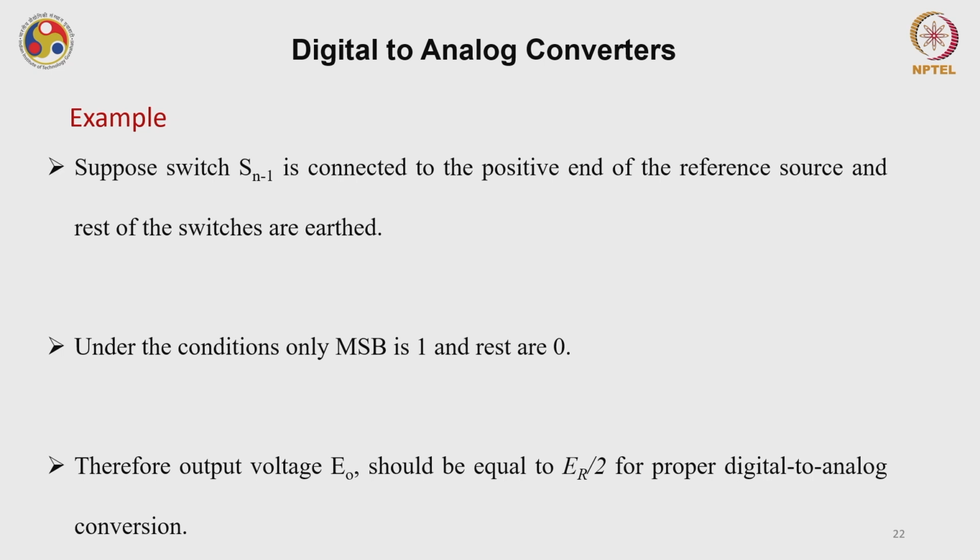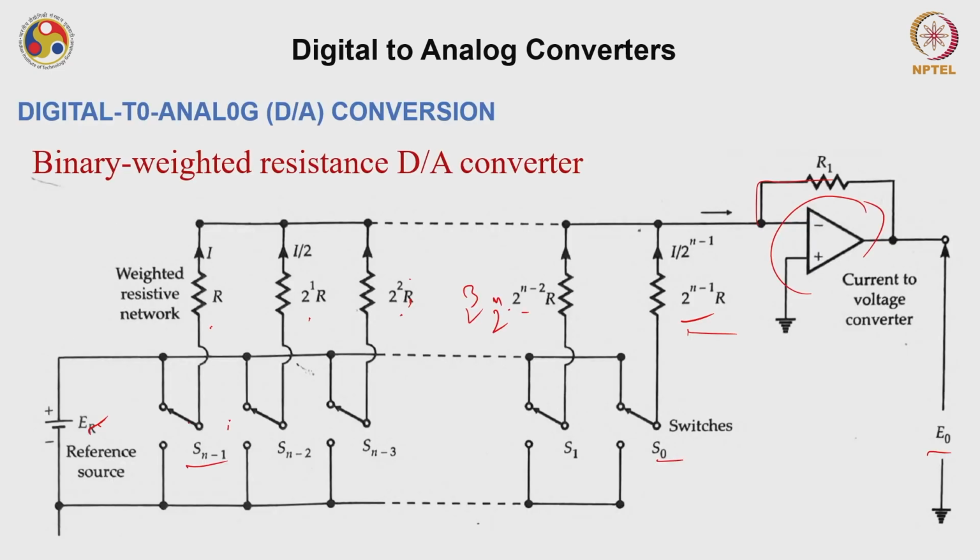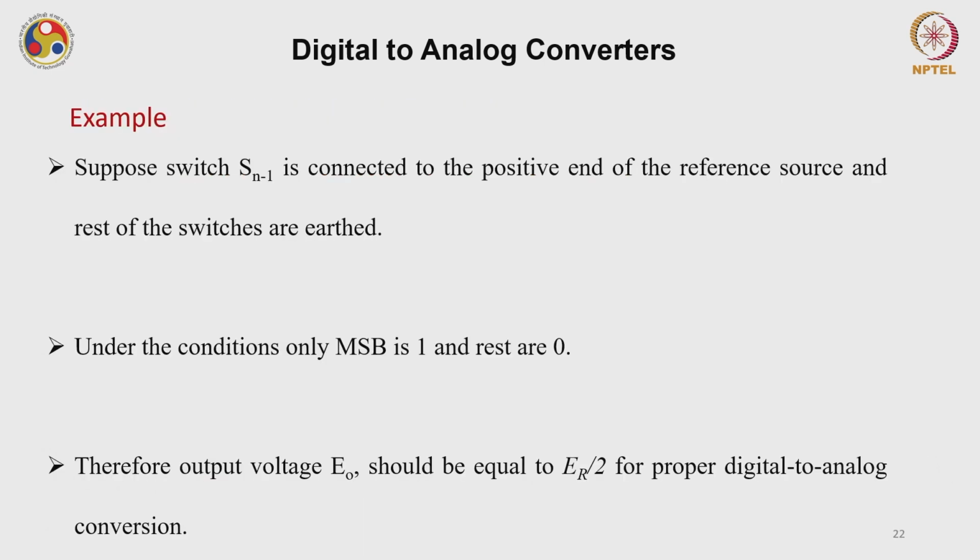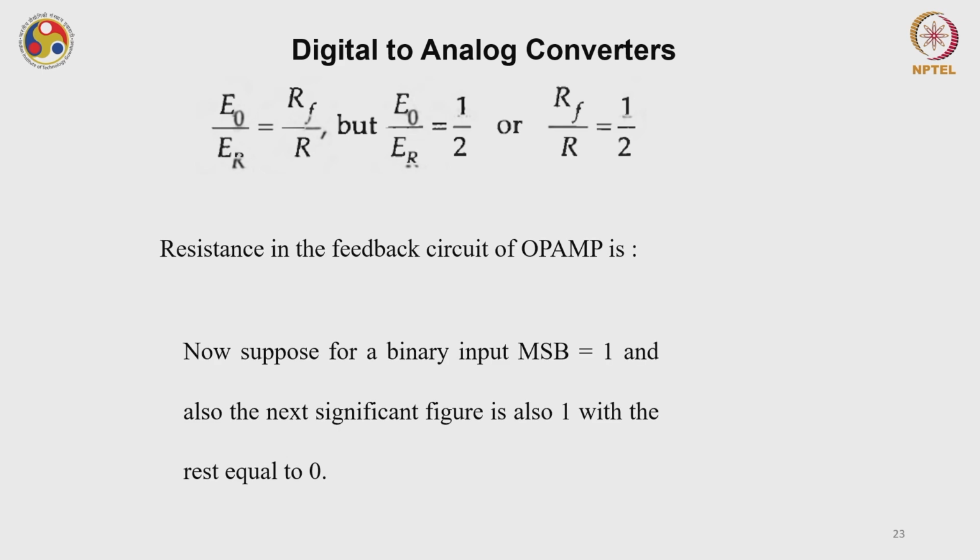Suppose switch Sn-1 is connected to the positive end of the reference source, and the rest of the switches are grounded. Under this condition only the MSB is 1 and the rest are 0. Therefore, the output voltage E0 should be equal to ER by 2 for proper digital to analog conversion.